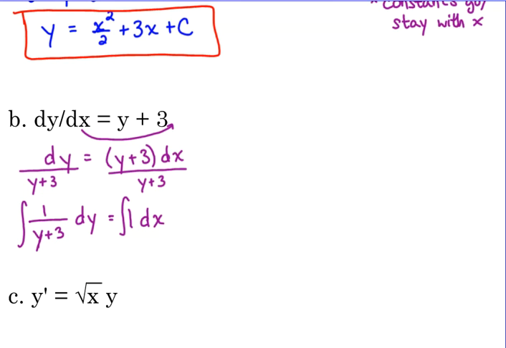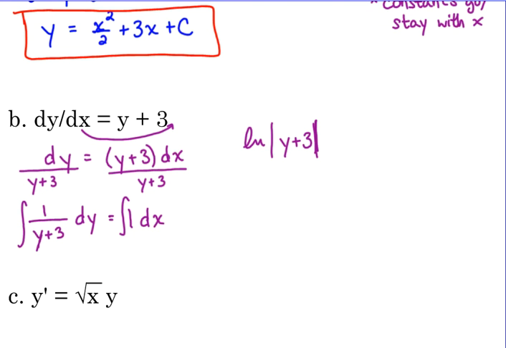Now, on the left side, that's not a power rule. That's 1 over y plus 3. 1 over, we should be thinking natural log. Now, we don't have to do u substitution in this situation because the derivative of what's on the inside is 1.